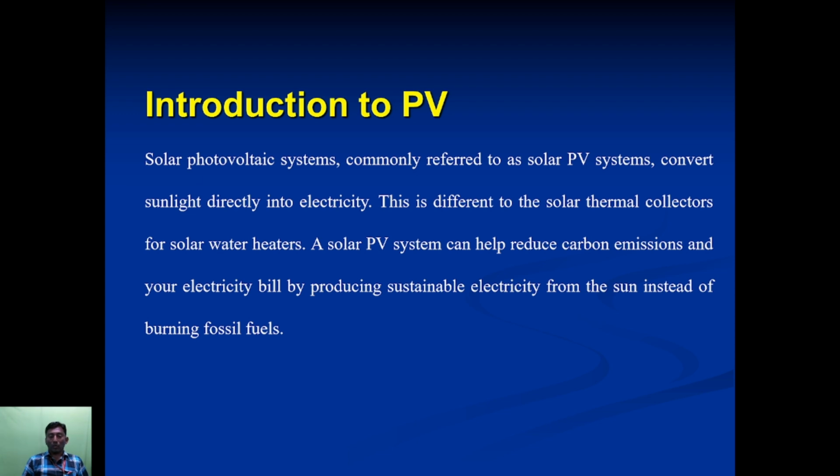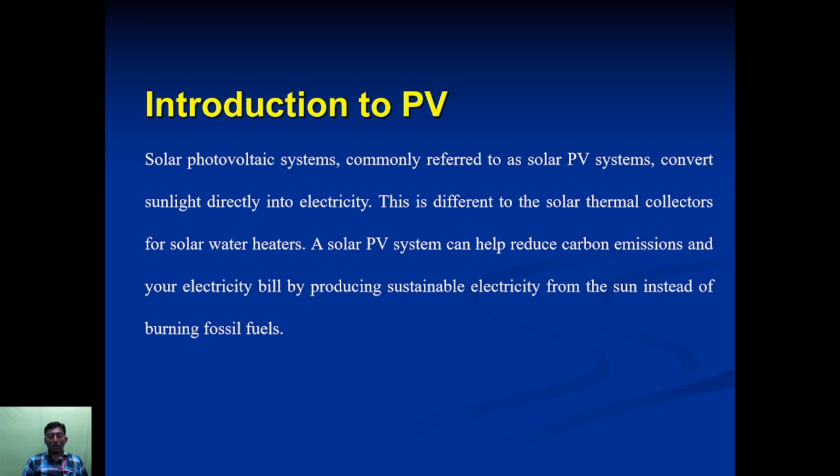A solar PV system can help reduce carbon emissions and your electricity bills by producing sustainable energy from the sun instead of burning fossil fuels. Nowadays we depend on fossil fuel based power generation. More than 80% of our power generation is from fossil fuels.